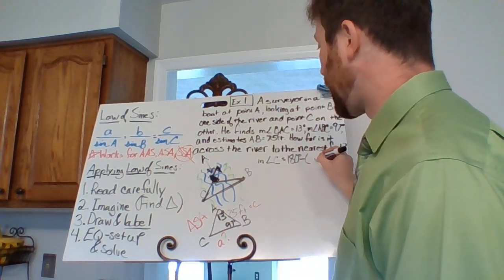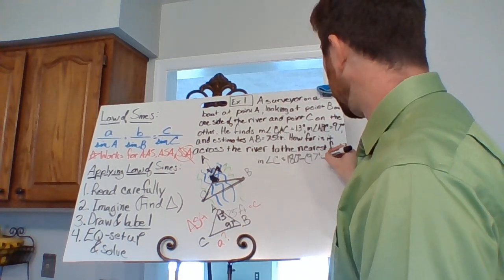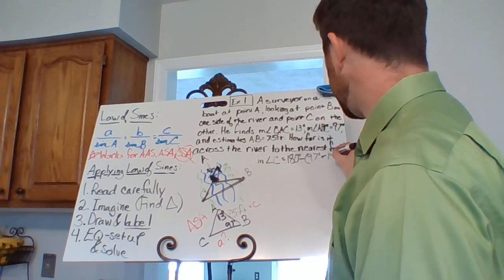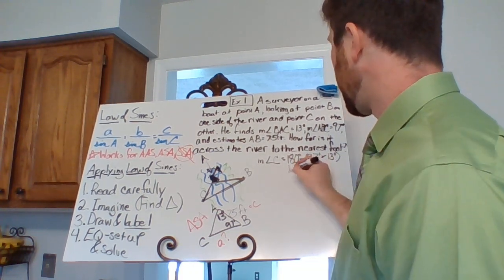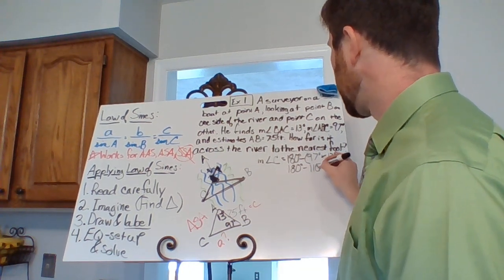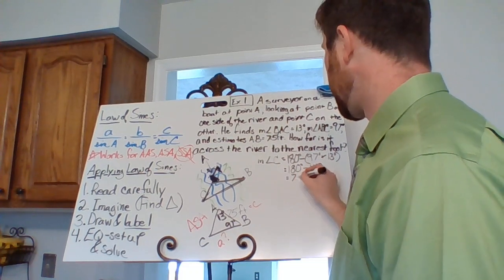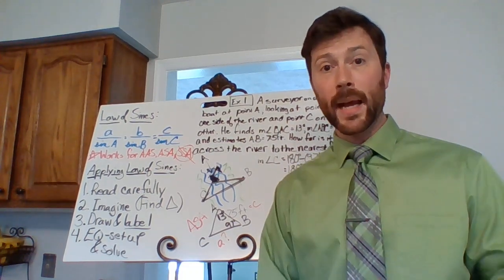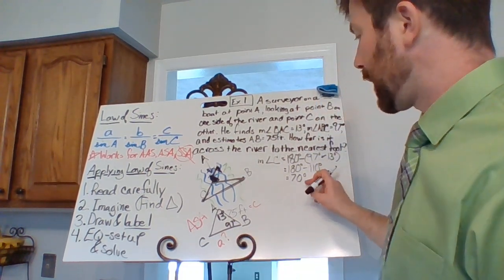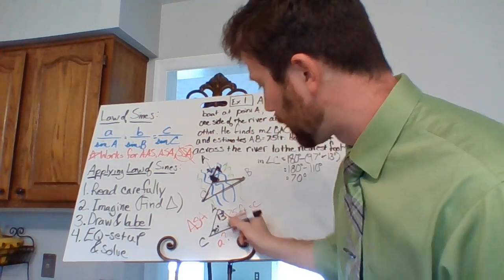So 180 minus angle B, which is 97 degrees, plus 13 degrees. So that's 180 degrees minus 110 degrees, means that the measure of angle C is going to be 70 degrees. Okay, now we've got the measure of angle C, so put that on here, 70 degrees.